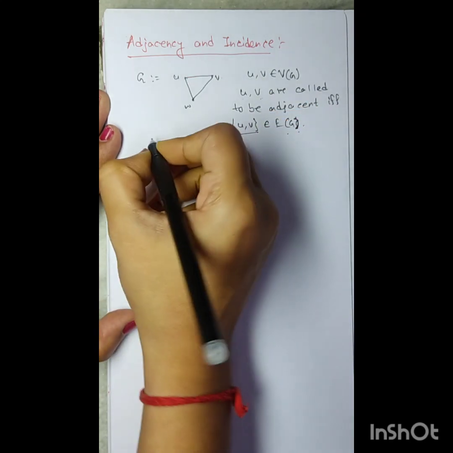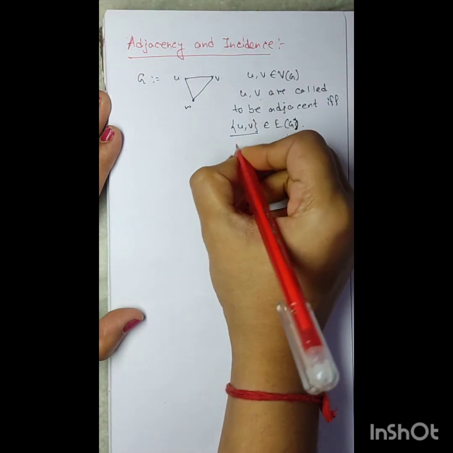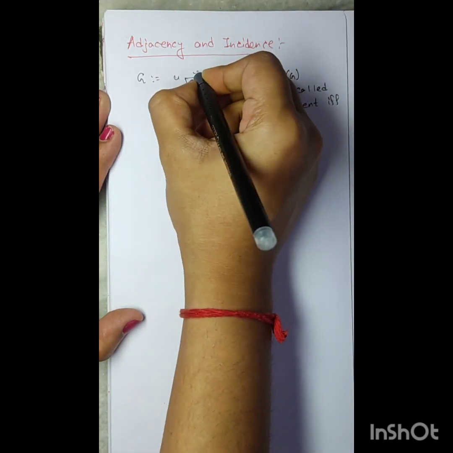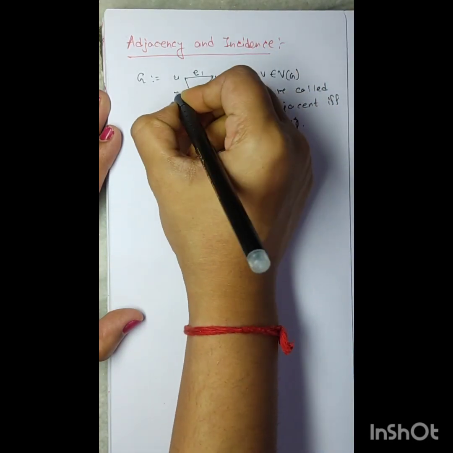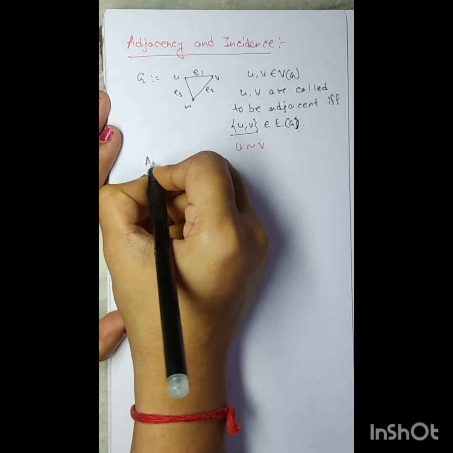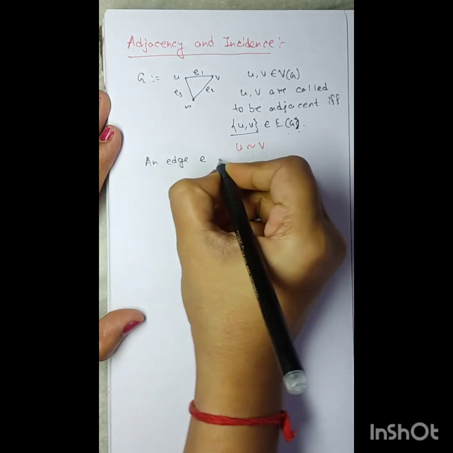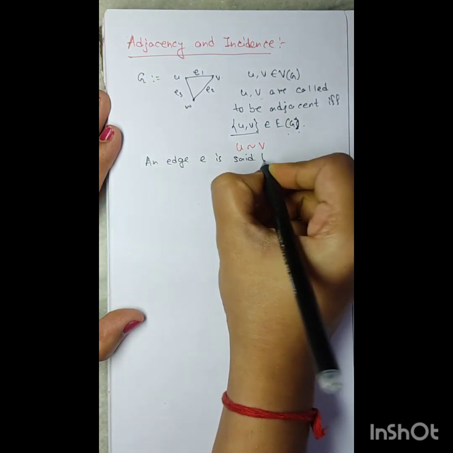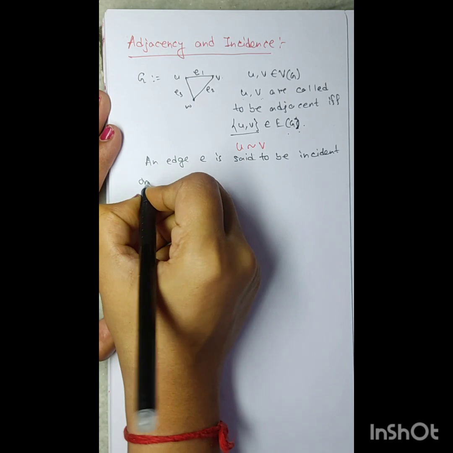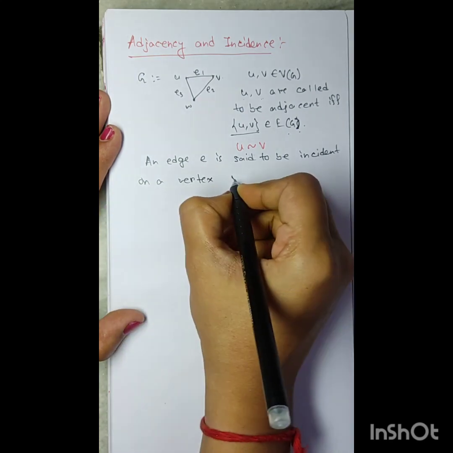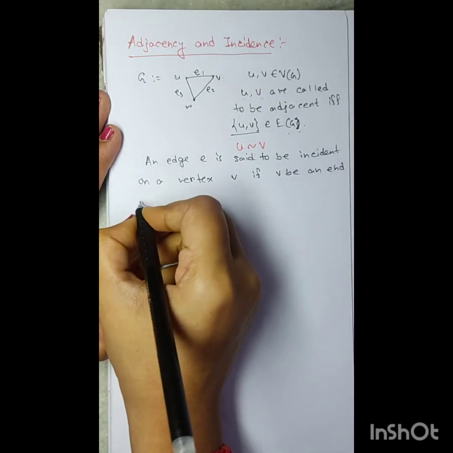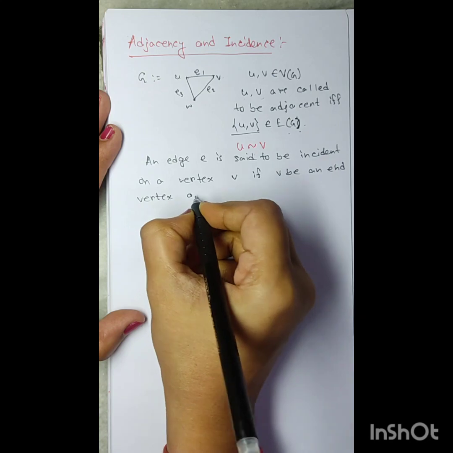So we denote it by a notation like that, u is adjacent to v. And what is now incidence? So if we name these edges to be e1, e2 and e3, then we call that an edge e is said to be incident on a vertex v if v be an end vertex of e.